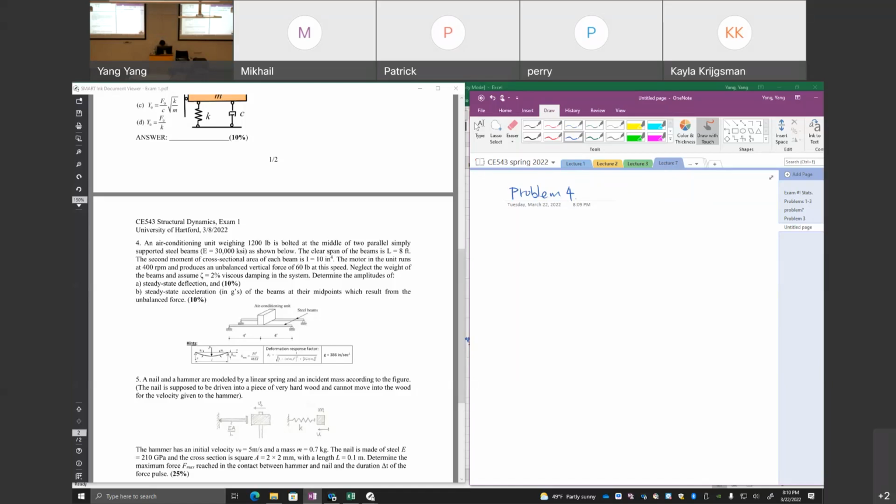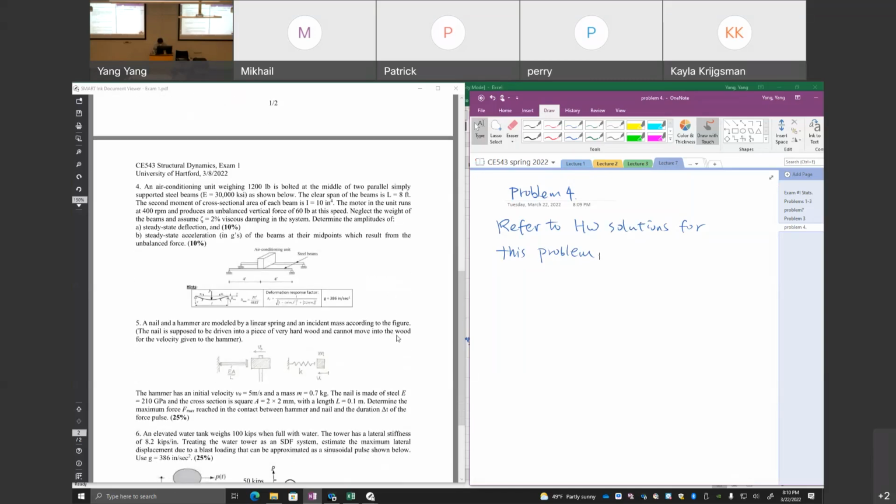It's pretty much the same as the homework. So this is problem 4. Any questions regarding problem 4?